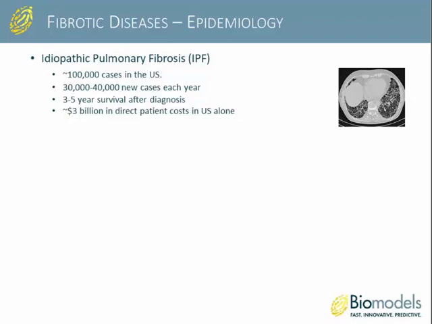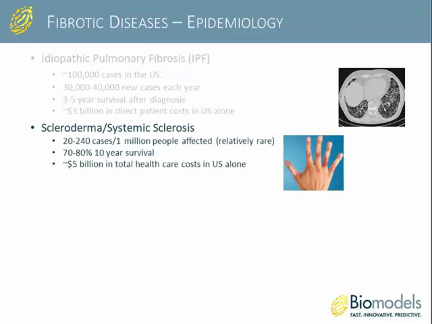Another fibrotic disease for which we have an animal model includes scleroderma, or systemic sclerosis. This is a somewhat rare disease, though the amount of patients in the U.S. is around 300,000. And while it's not as devastating or does not have as much mortality as idiopathic pulmonary fibrosis, there's still a significant population of people affected and a significant amount of cost on the U.S. healthcare, about $5 billion last year.